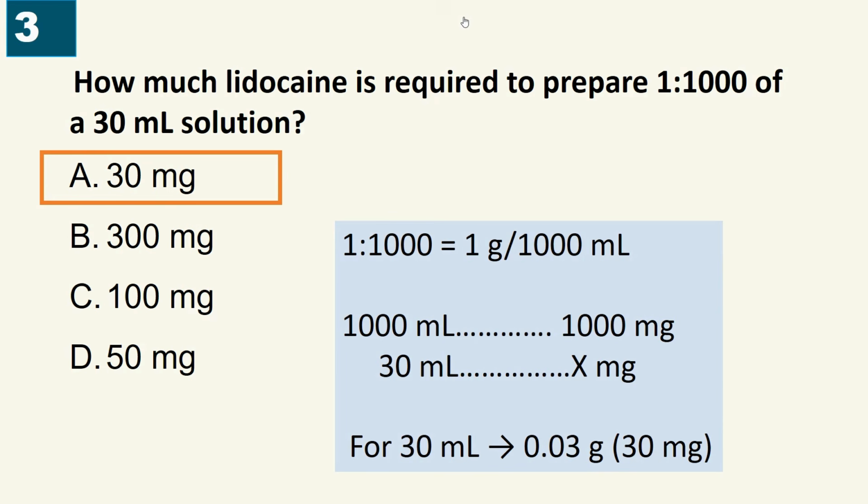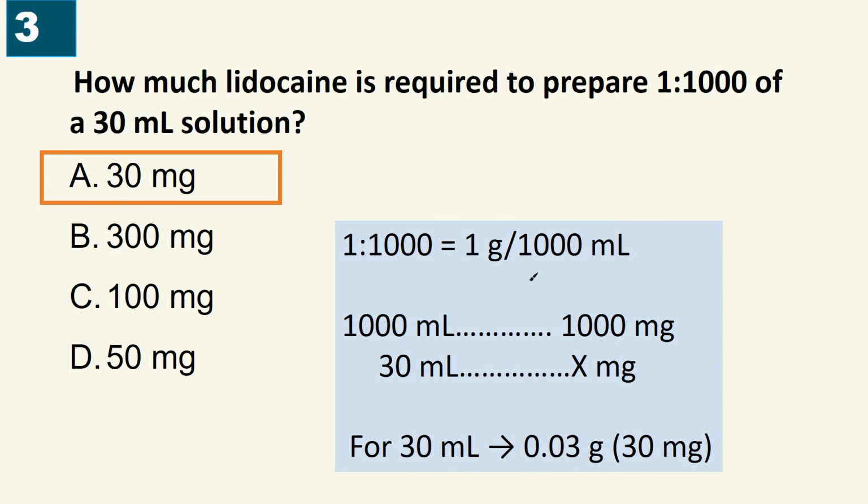The first step is the 1 to 1000 ratio. This ratio means 1 gram in 1000 milliliter. That's the ratio of 1 to 1000.